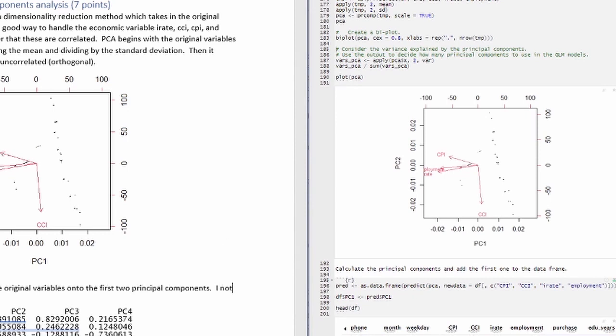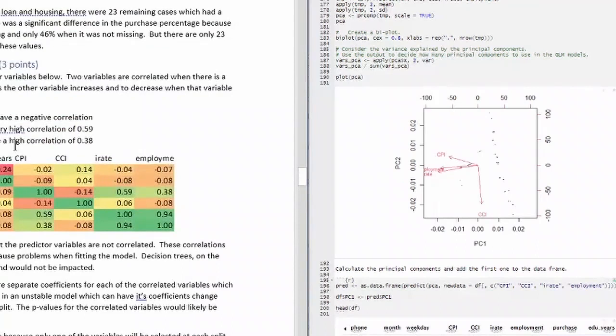So I notice that these variables are grouped together, CPI, employment, and I rate, because they're correlated. If you look back at the correlation matrix, you can see like CPI and I rate have a correlation of 0.59.